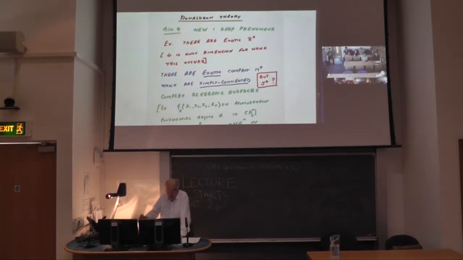Spaces which are topologically the same as flat space, but are not differentially the same. That is much more difficult, but as long as there's some topology, you can build on it. If there's no topology in the space at all, where on earth do you start finding something to hold on to? It's very mysterious. Not only are there lots of these, there are uncountably many. So there's a whole world of exotic four-dimensional spaces, which is mysterious in many ways.